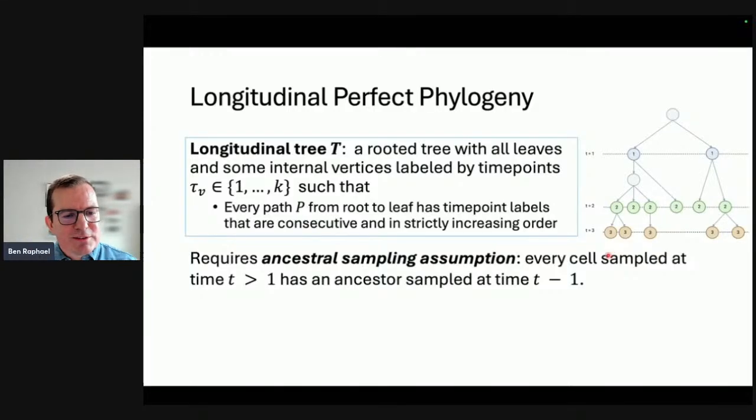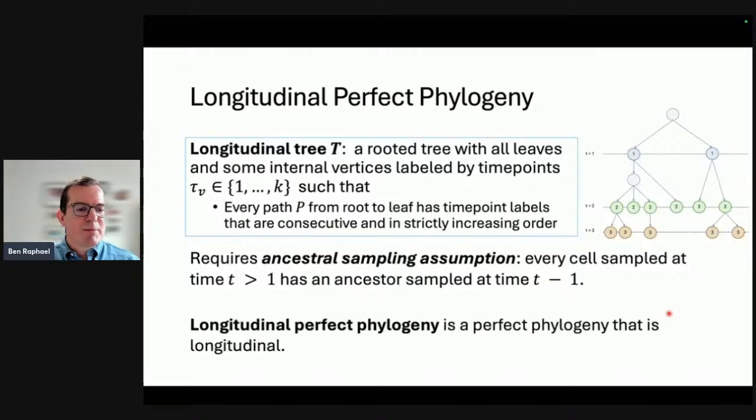And so what we're assuming here is that every cell that's sequenced at a later time point had an ancestor that was sequenced at the previous time point. Okay, so there's an assumption about the sampling. This doesn't have to hold, certainly. Data might not have sequenced every ancestor, but with this assumption, we can describe this tree.